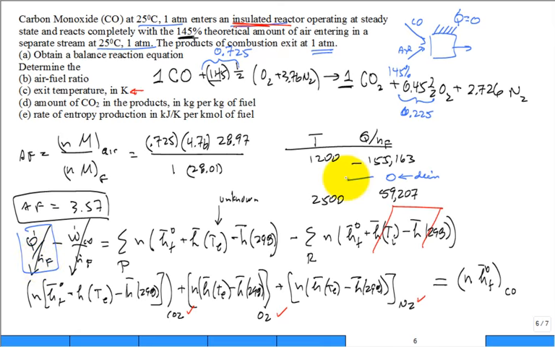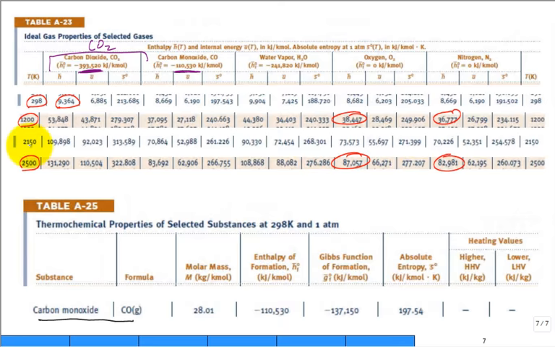And so the exit temperature, just by this bracket method with a linear interpolation, comes in at 2141 Kelvin. Well, there's not a table with 2141 Kelvin. So you can take a look at what's close, around 2150.